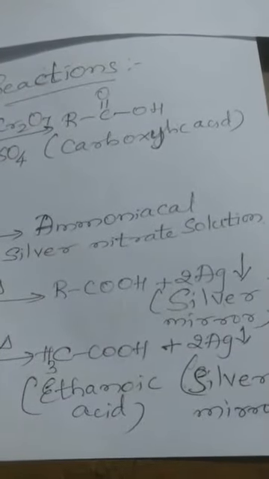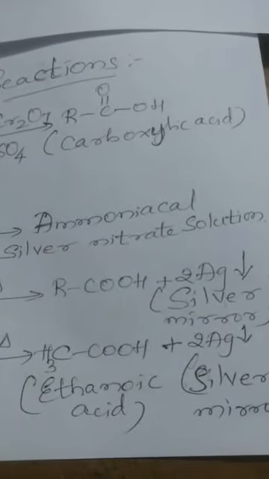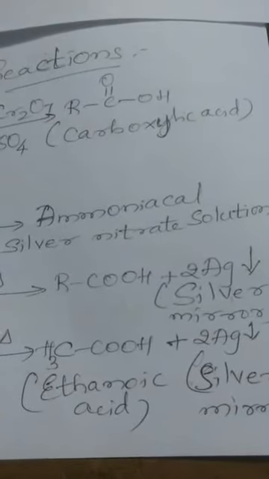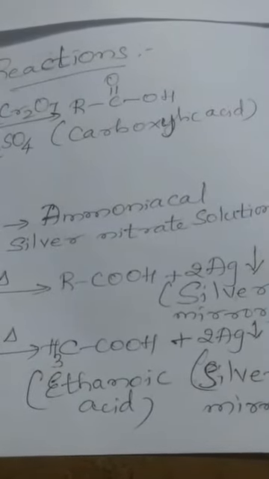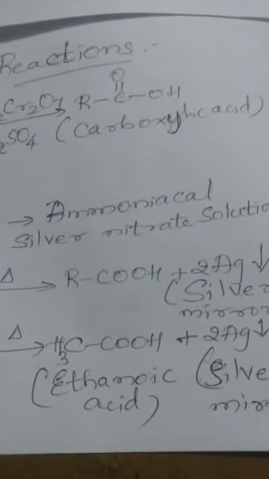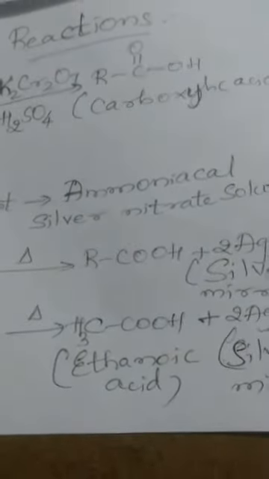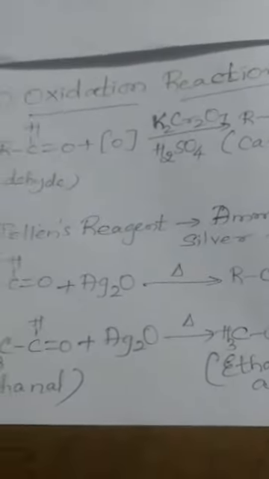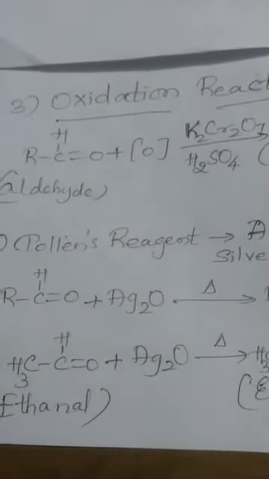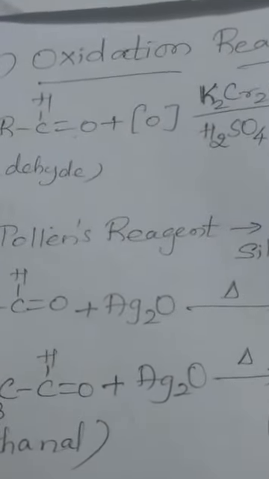Now it is obtained by taking AgNO3, silver nitrate, and ammonium hydroxide, NH4OH, which forms a complex and further decomposes to give Ag2O. So in the reaction equation, we represent Tollens reagent as Ag2O.